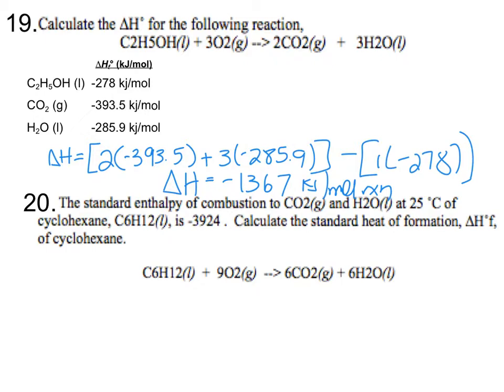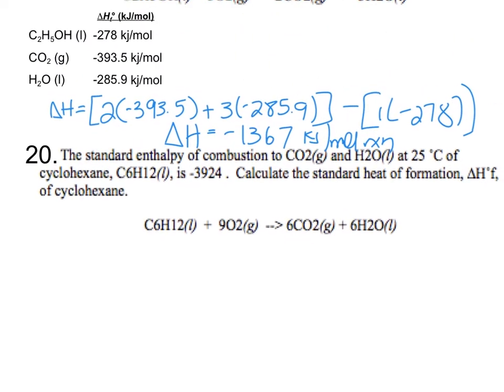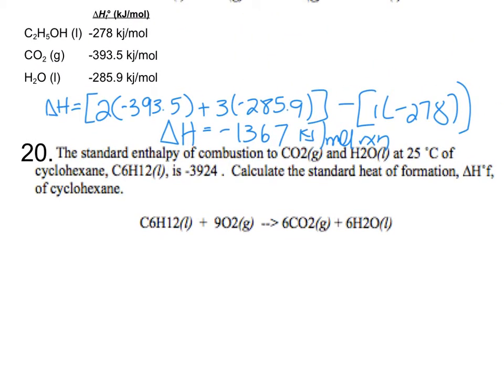Okay. All right. Now let's try number 20. I like number 20. It's somewhat sexy because if you look at this problem, we're going to actually need to use the data from up here to solve it, but it says the standard enthalpy of combustion of C6H12 is negative 3,924.